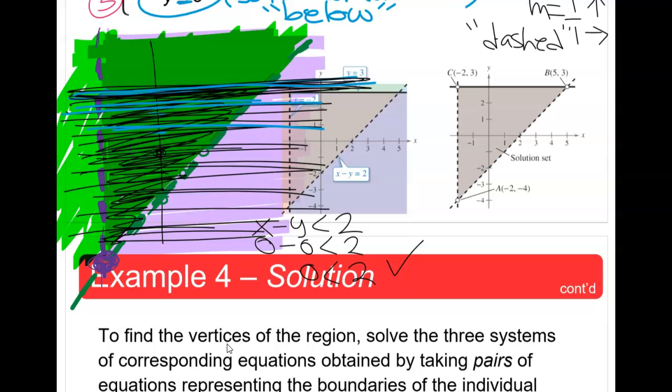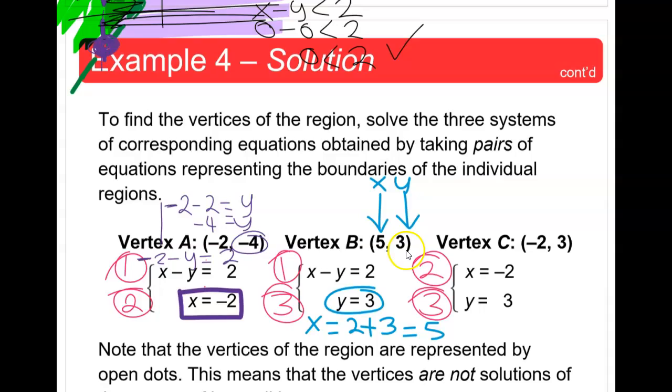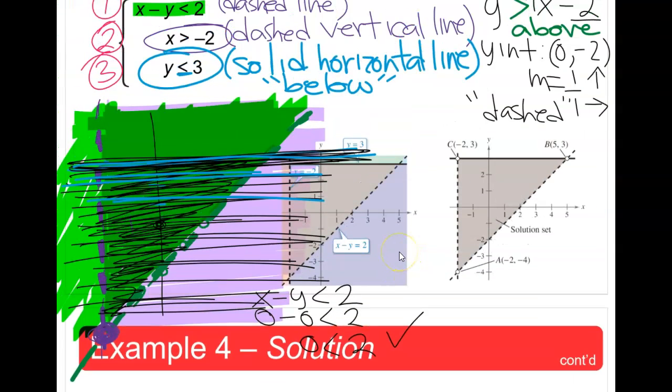This one. And then we have the 5 comma 3. So that will be right here, 5 comma 3, and then the other is the -2 comma 3.